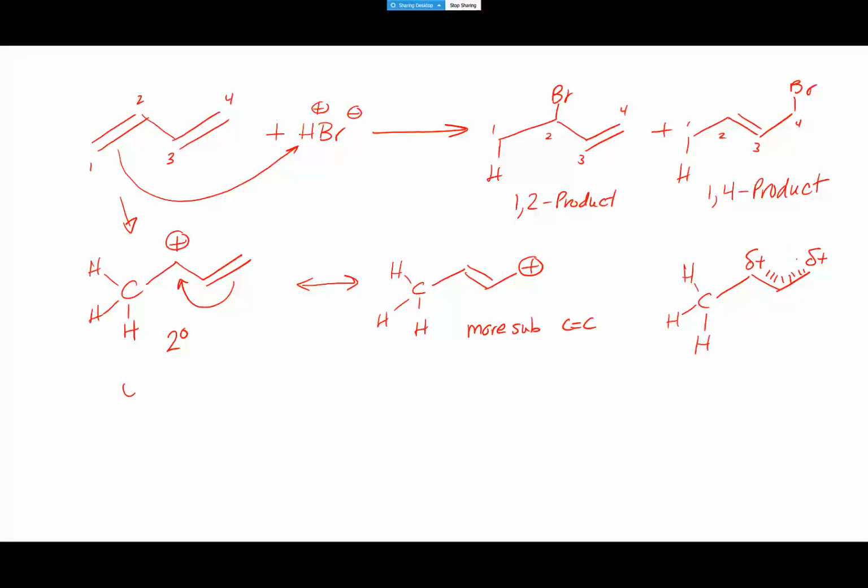So that's the true resonance hybrid. The type of carbocation, meaning tertiary is more stable than secondary, more stable than primary, is always going to be more important to the stability than double bond substitution.